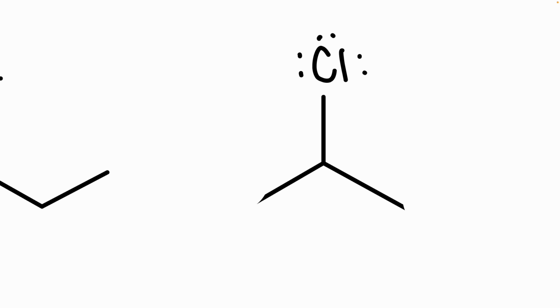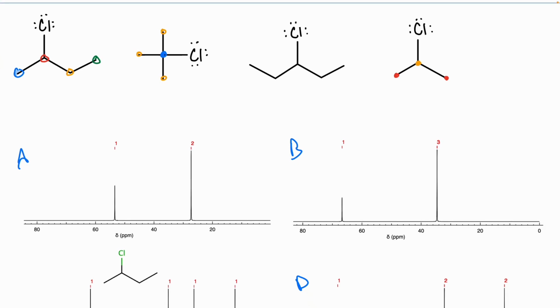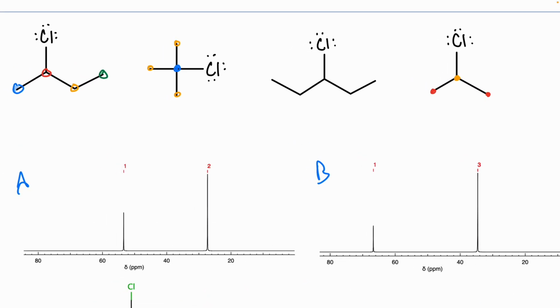All right, cool. Let's skip over this guy for a second and go here. How many chemically distinct groups of carbons? Also 2. So I have 2 spectra, A and B, that both have these 2 peaks. Both indicate there are 2 chemically distinct groups of carbons. So now, how am I going to figure out what's what here? The integration value, right?